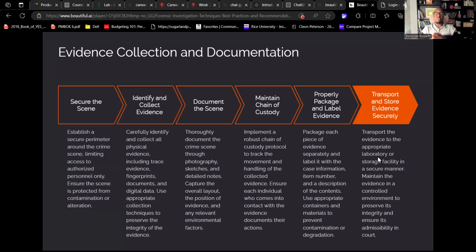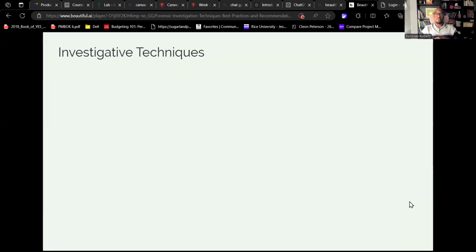You just never know. And then, of course, properly packaging and labeling evidence. And then lastly, the transport and storing of evidence securely, making sure original copies are secure. All of that goes into building up a solid case.